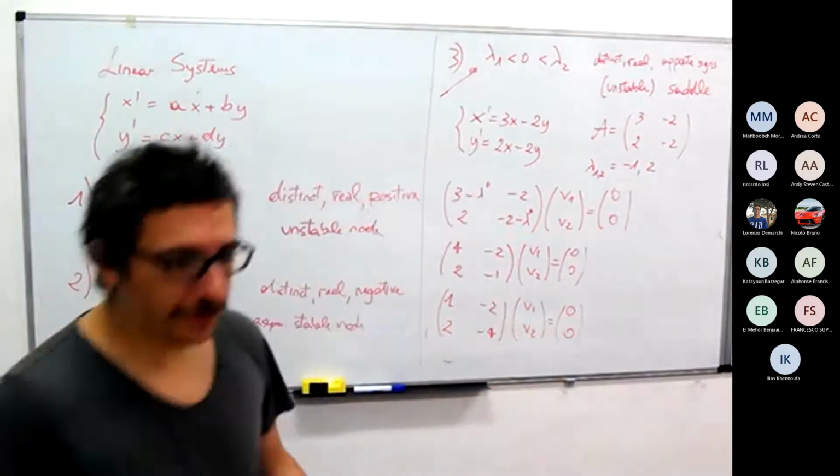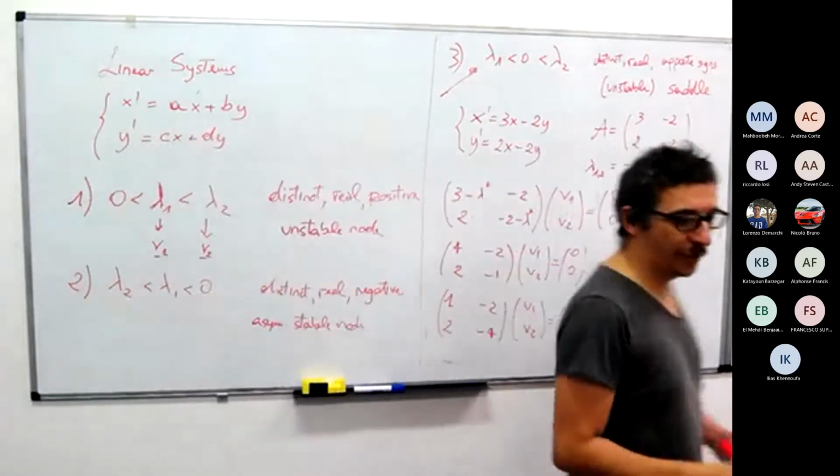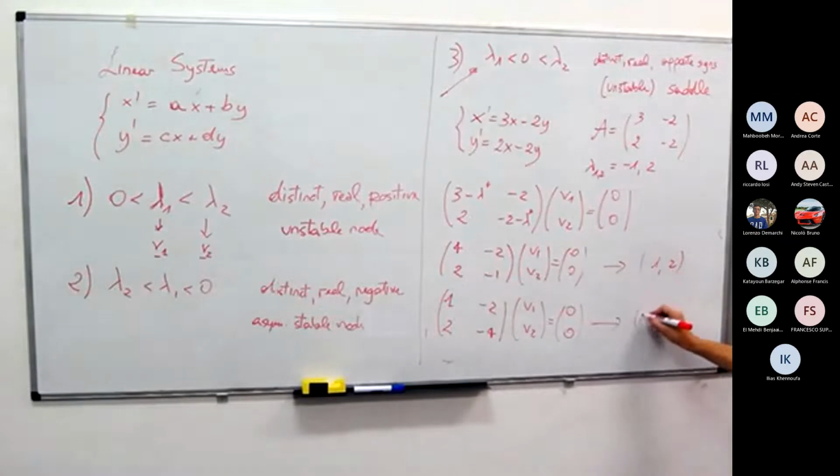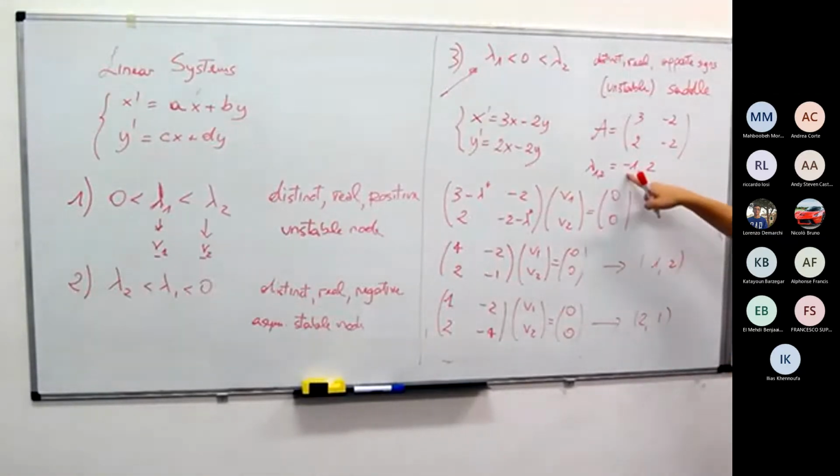Now, this is not a linear algebra course, so let me give you directly the results. If you are solving this one, what you will find is the eigenvector 1, 2. And if you are solving this other one, you will find the eigenvector 2, 1. So the eigenvector corresponding to the eigenvalue minus 1 is 1, 2.